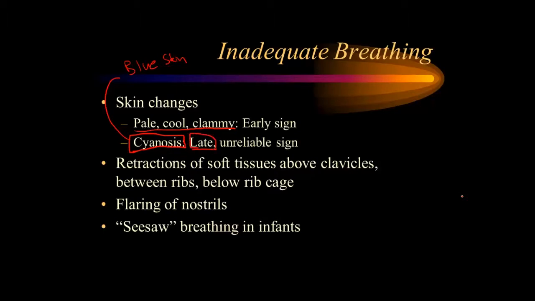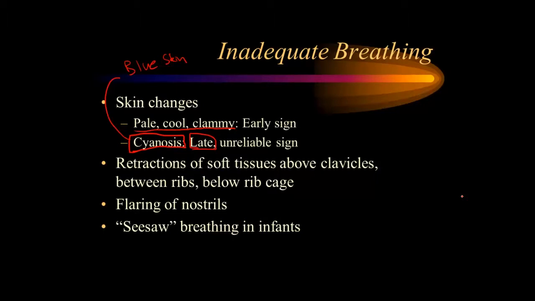So if you're showing up on scene and your patient's already starting to turn a little blue, that's a big deal. Other indicators that you're inadequate with the breathing are retractions of the soft tissue above the clavicles. So clavicles are your collarbone, so everybody find your collarbone. Feel that. Now go just above your collarbone, as close to midline as possible.